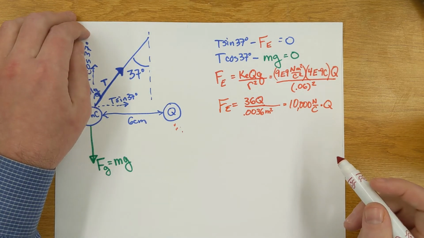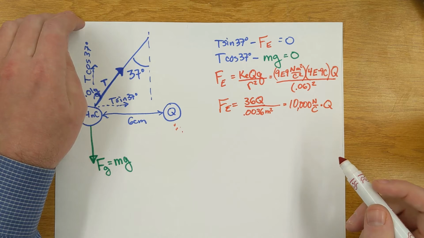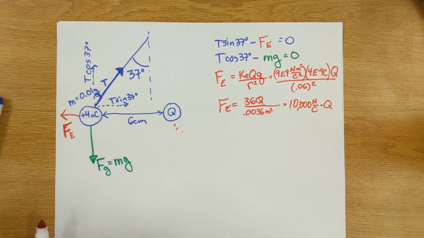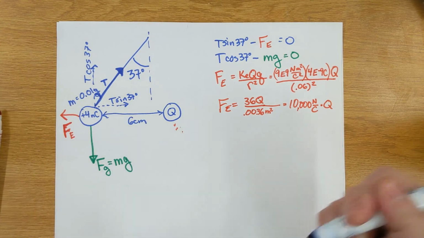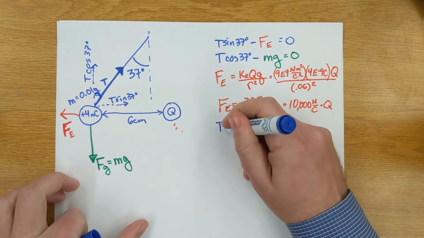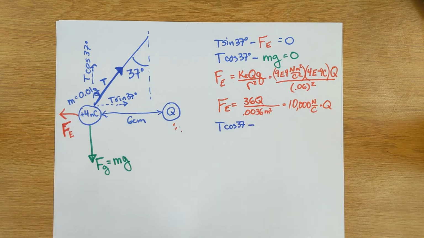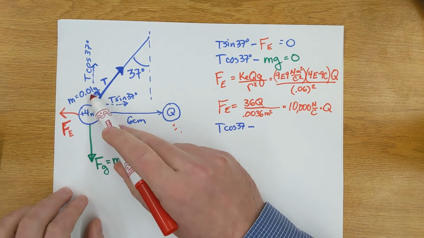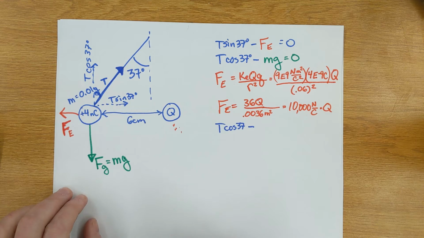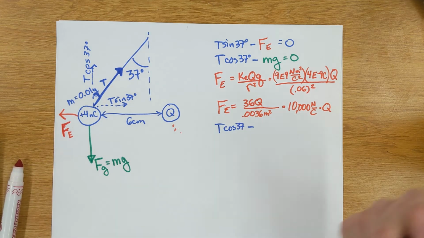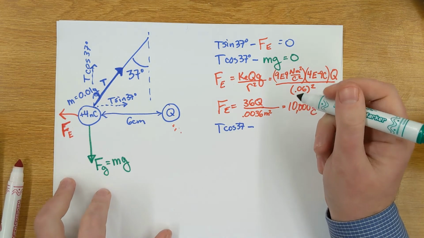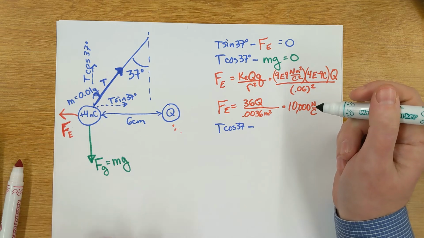So next we've got the gravitational force. I can see that T cosine 37 minus mg. What is my mg here? Well, my mass is 0.01 grams, so that's 100th of a gram, which means it is how much of a kilogram?